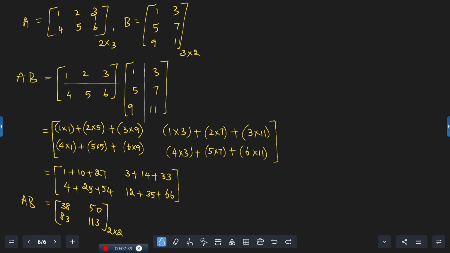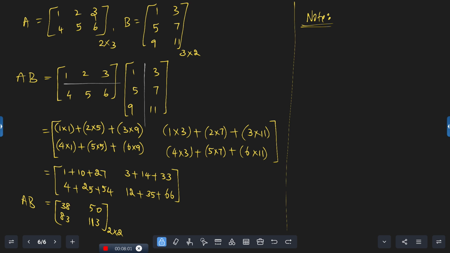In the note you have to write. In the note what I'm going to give. Suppose A has some different order, B has different order. A's column and B's row must be same, I said. Suppose A and B are square matrices, it will be defined automatically.